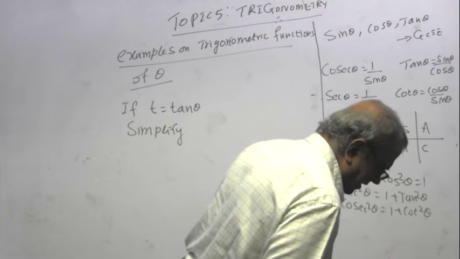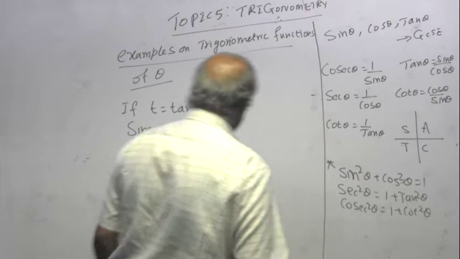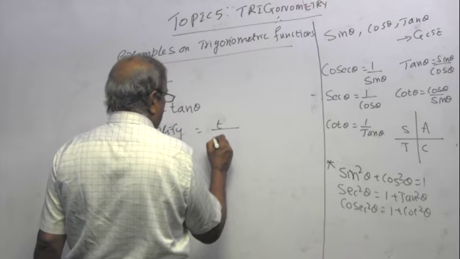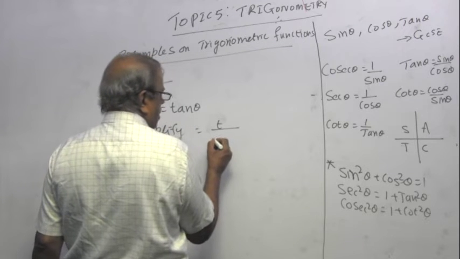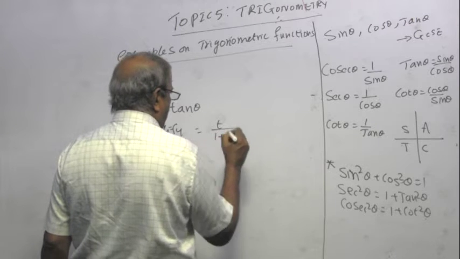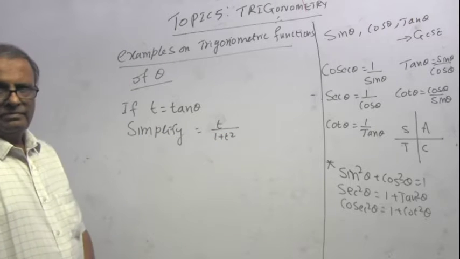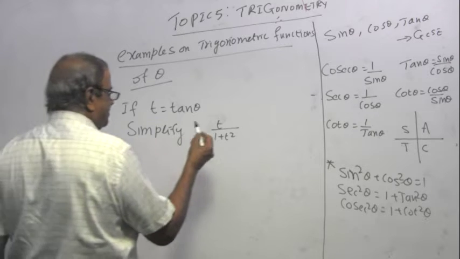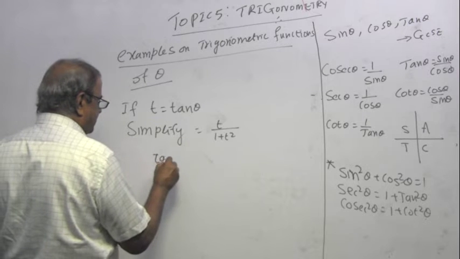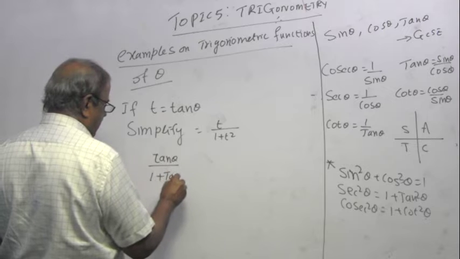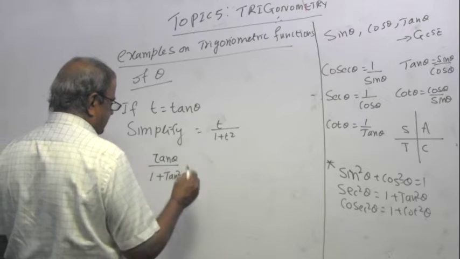Simplify t over 1 plus t squared. Very good. How would I do that? So t is tan theta over 1 plus tan square theta.